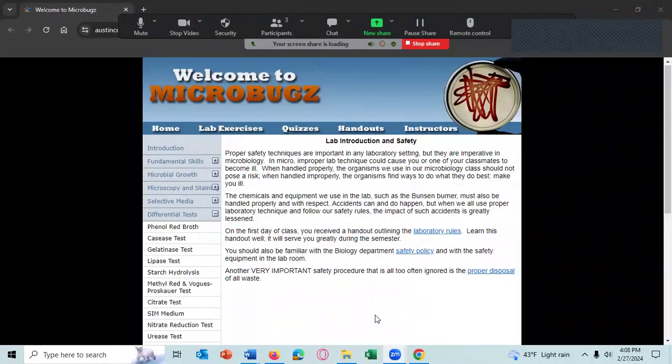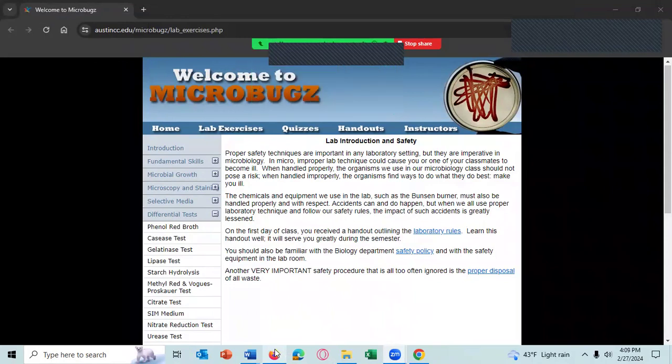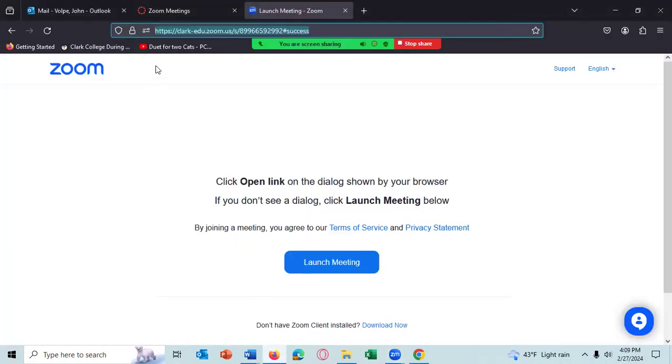If you look in the lab 5 portion of the lab, you can find an example of what the lab report should look like, and I think it's called Sample Journal.